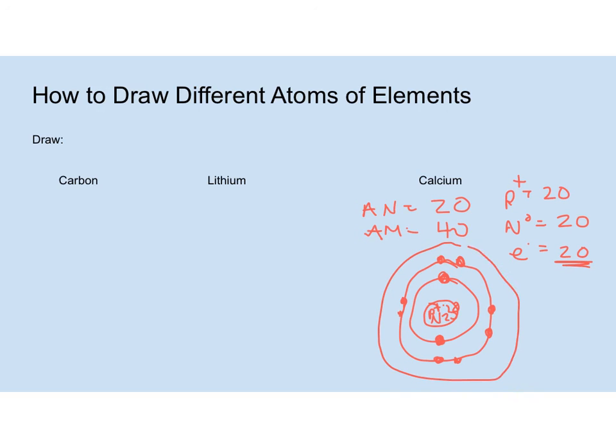And again, I can put 8 in there. So 1, 2, 3, 4, 5, 6, 7, 8. And now I still need 2 electrons because I've only got 18 in here. So I'm going to draw another ring, and I apologize again, this is getting really sloppy. 1, 2. And there's my drawing of calcium.